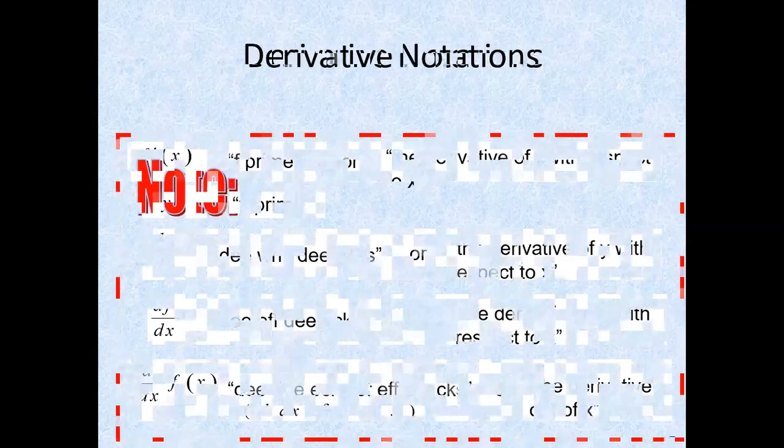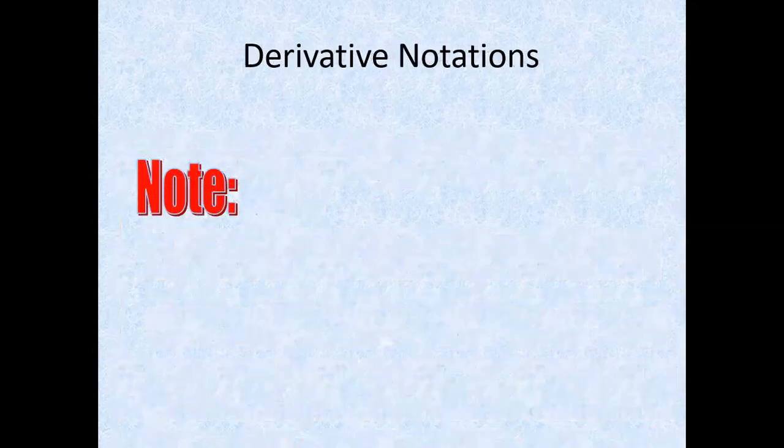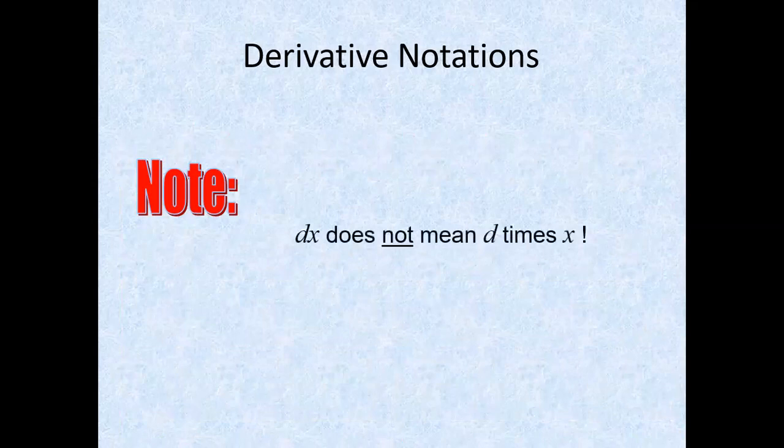अच्छा जी, तो नोट फरमाएं. Okay, dx does not mean here a d times x. This is just notation which represents the change in x or the derived function of x here.